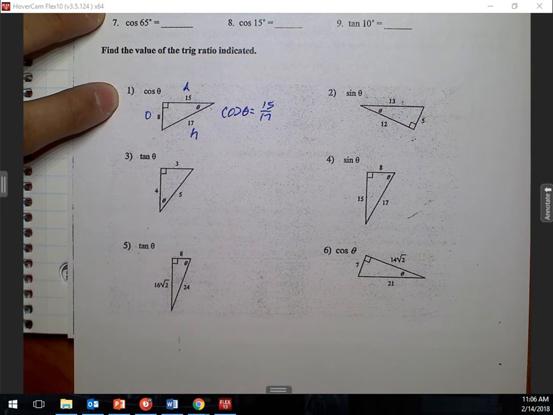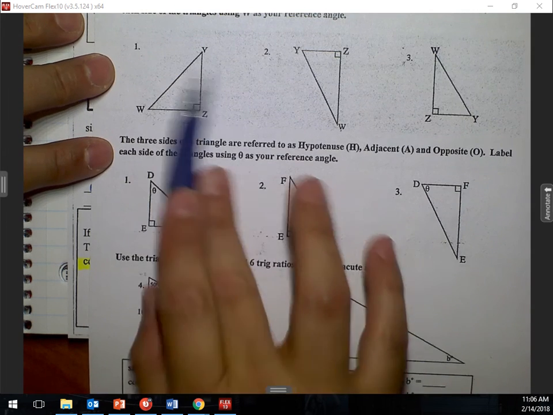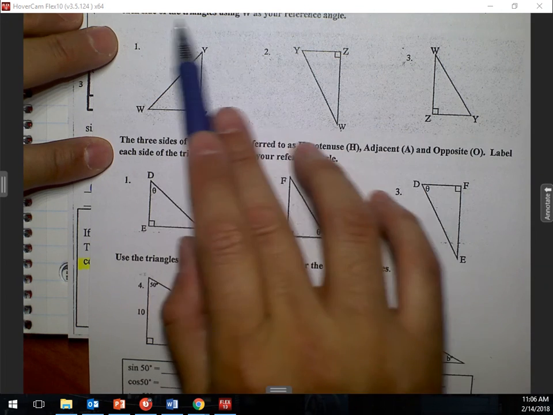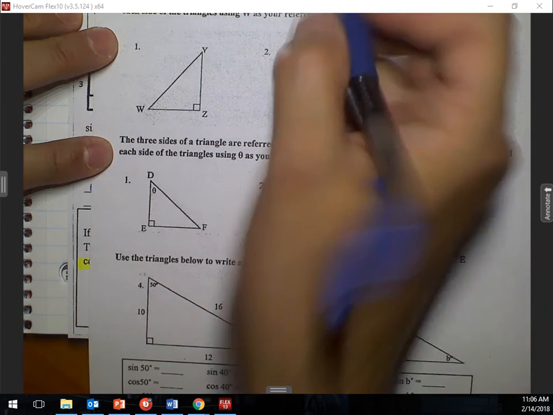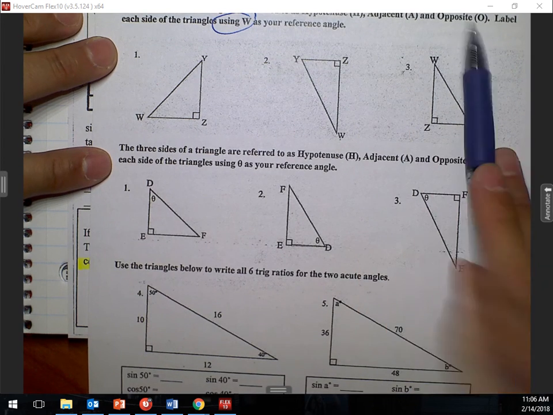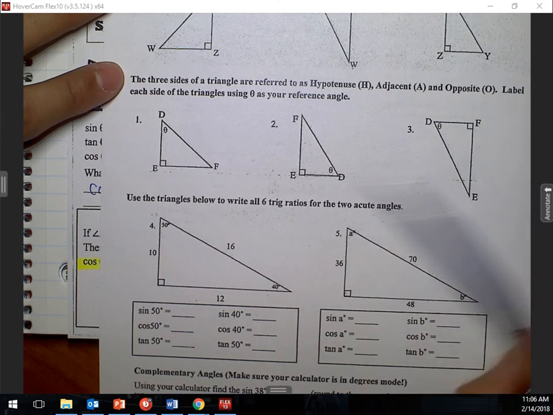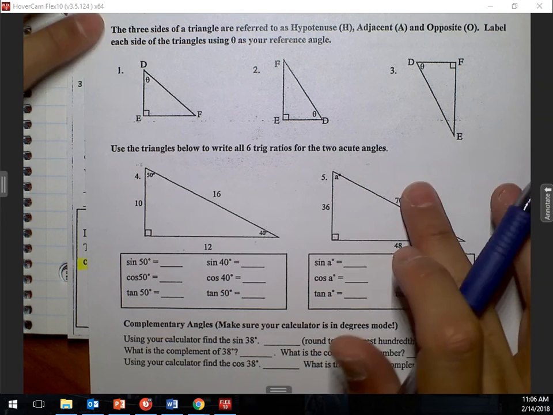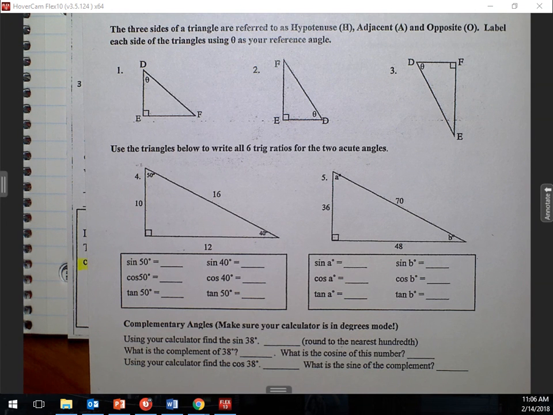Does that make sense? You just have to write out the fraction. And over here, you have to label using W as your reference angle. Label it with H, A, and O. Do the same thing for these, using theta as your reference angle. Make sense? Okay.